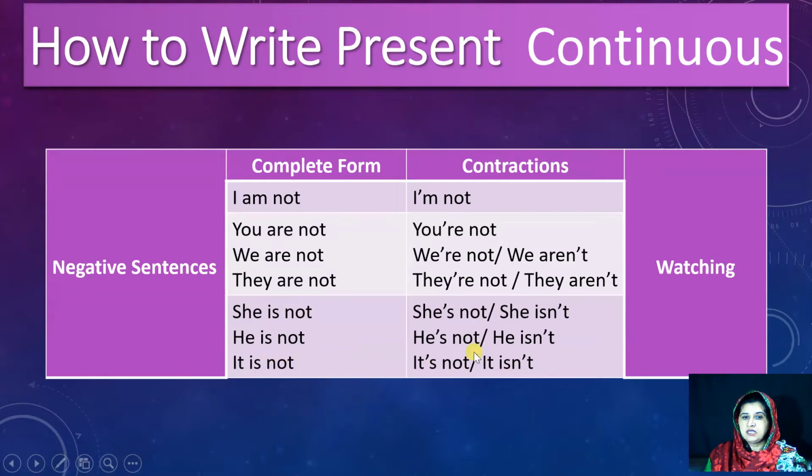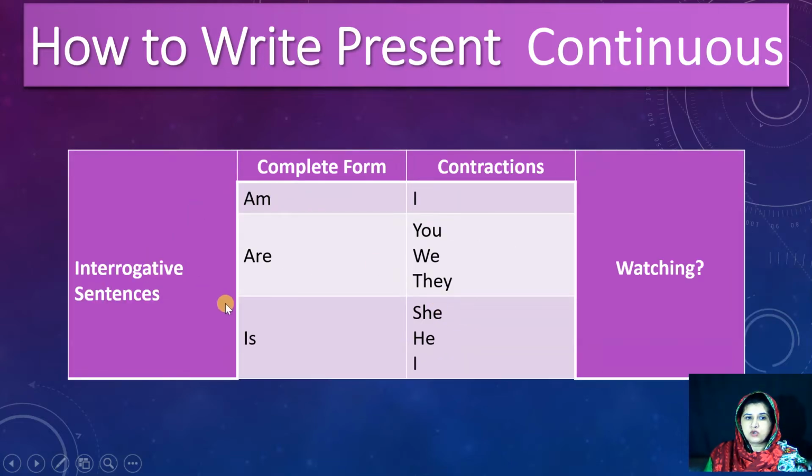He isn't watching, or he's not watching. It's all up to you whether you want to contract not or whether you want to contract the helping verb. Let's move toward the interrogative sentences. Am I watching? Are you watching? Is she watching? Right? So there we don't need any contraction.